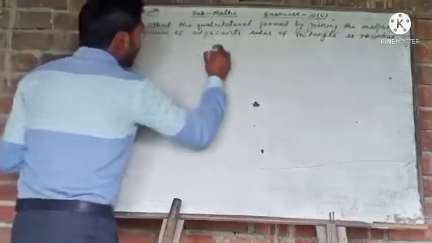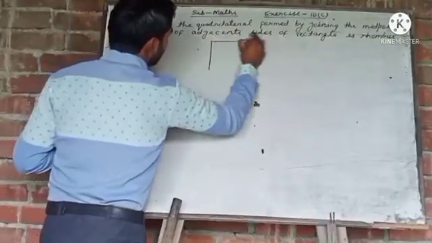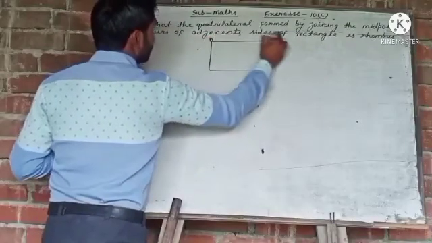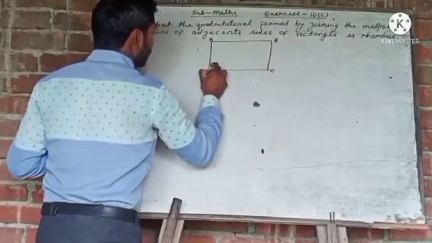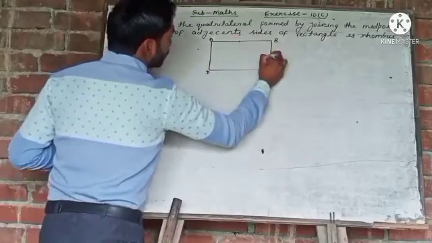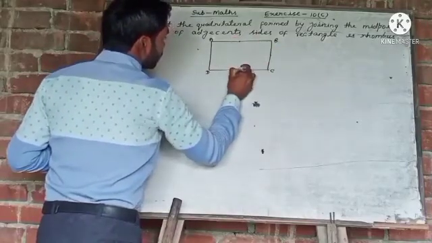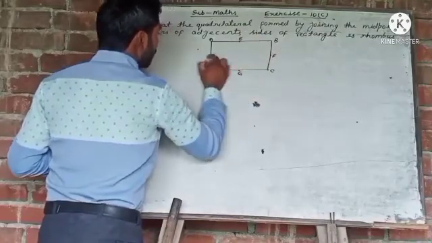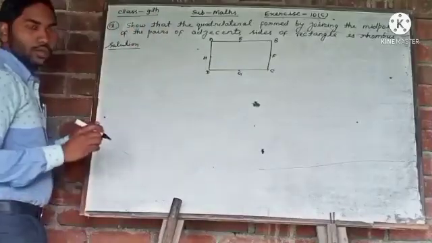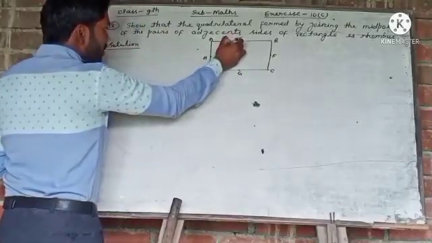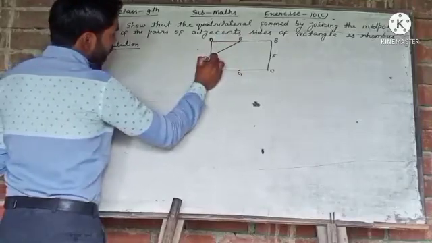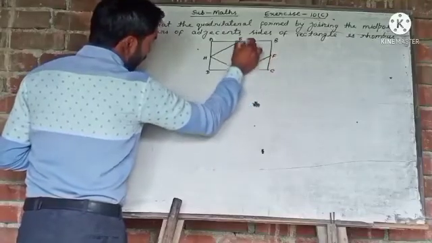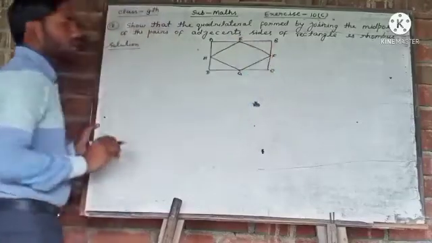First of all, we will make a rectangle. Let this be rectangle ABCD and its midpoints are these E, F, G, H. When we join all these midpoints, it forms a quadrilateral EFGH.